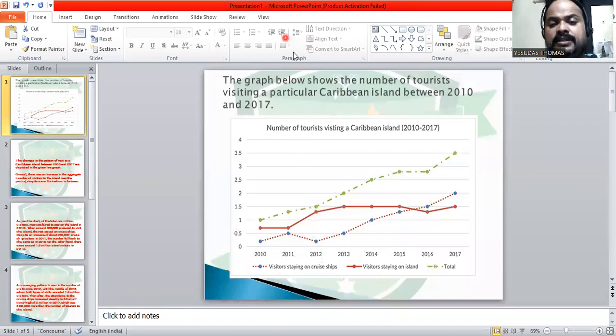Converging pattern since then, you can say since 2012, a converging pattern is seen. So it's becoming closer, and in the mid 2015, it was around 1.4 million. This is what both number of visitors.